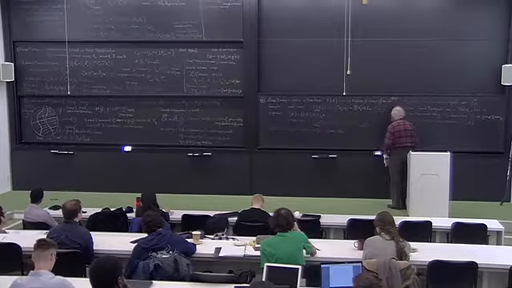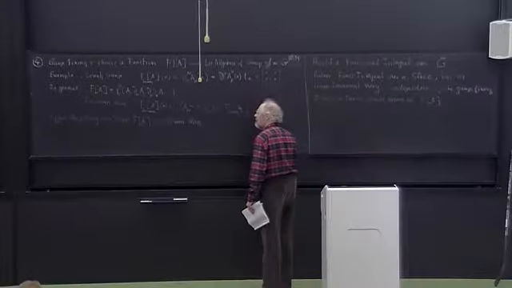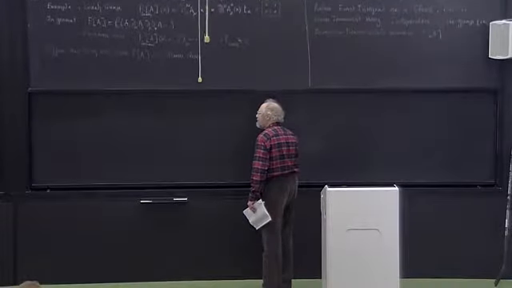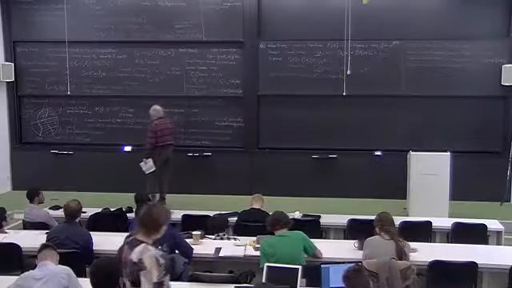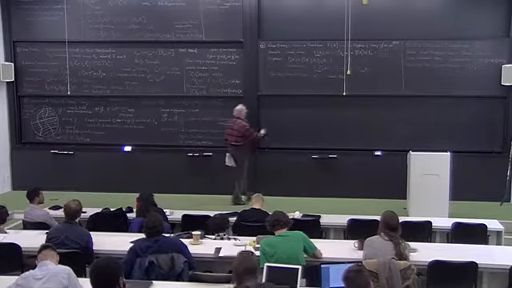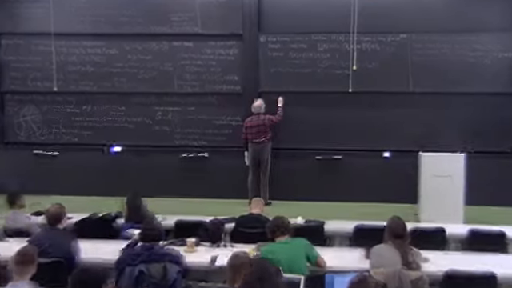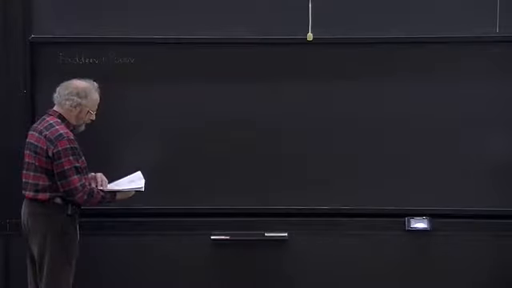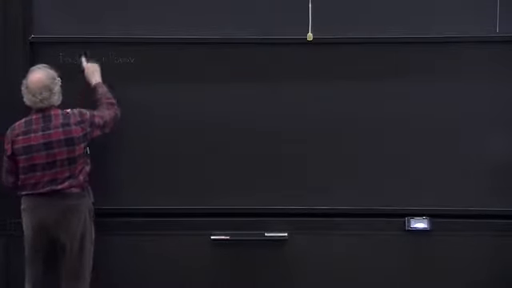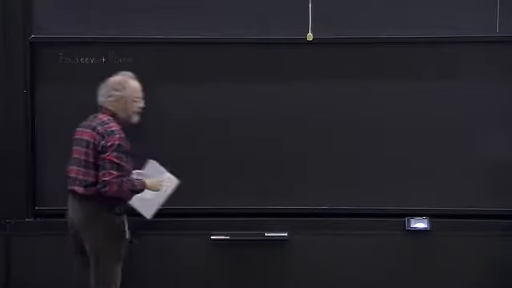Okay, so now here is a recipe how to build a functional integral. And this is something that has been devised by Faddeev and Popov. Ludwig Faddeev is one of the greatest mathematical physicists.